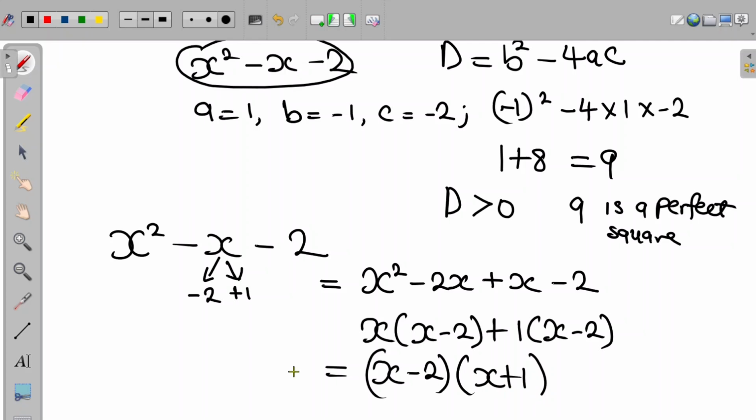So we have been able to factorize x squared minus x minus 2 into (x minus 2) multiplied by (x plus 1).